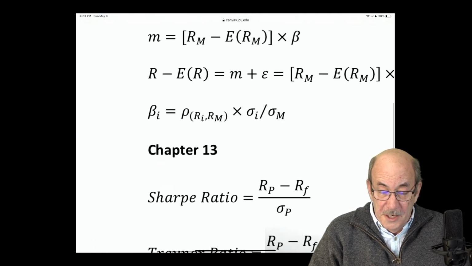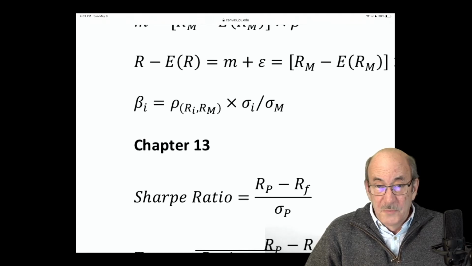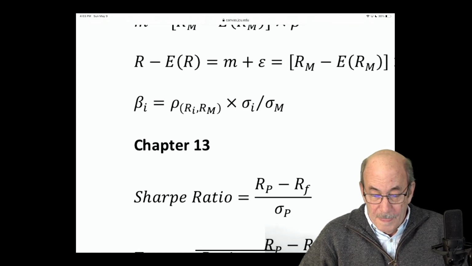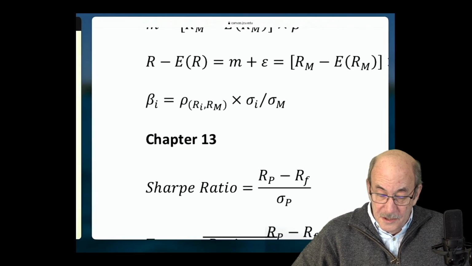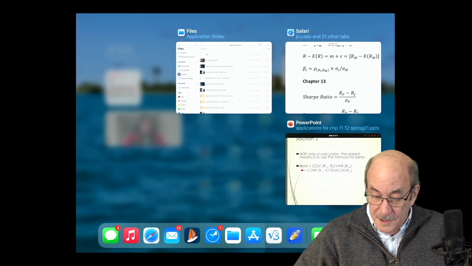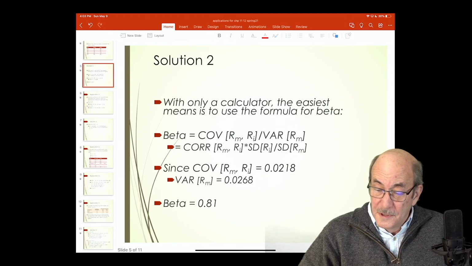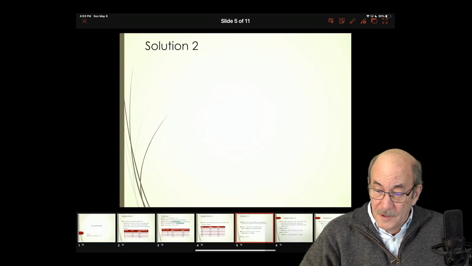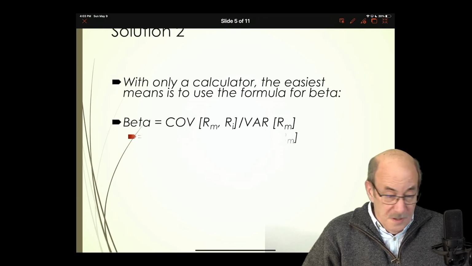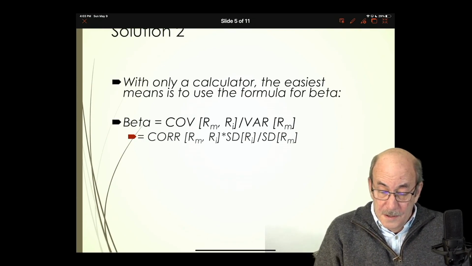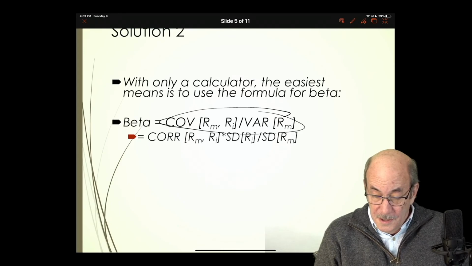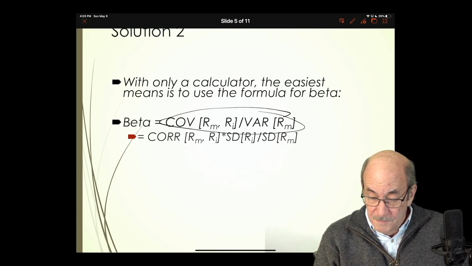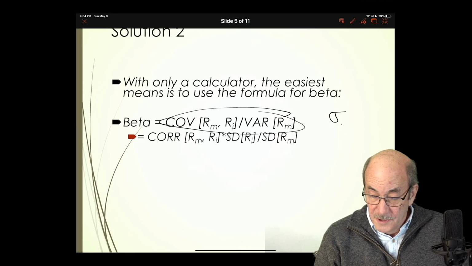Is that the beta here, where it's rho times sigma I over sigma m? Yeah. Okay. I can clarify that. Either one of these is a correct version. The way I would write it, it's the covariance of the market and the security, let's call it I, over the variance of the market.